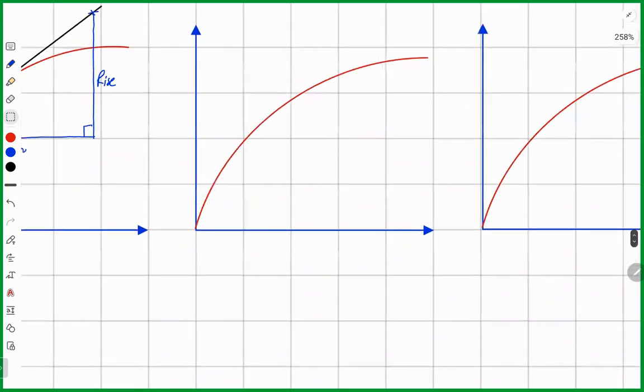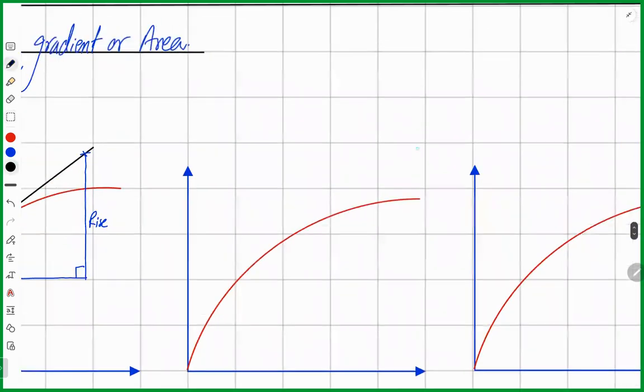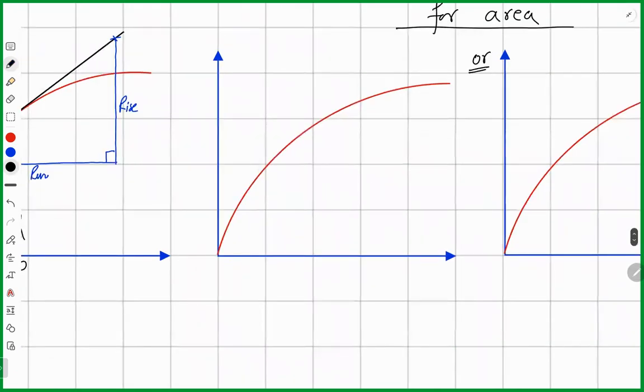Number one, this is for area. There are two ways we can do it. One is, we can split the whole graph into approximately equal sized trapeziums.